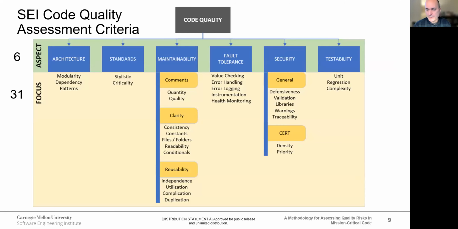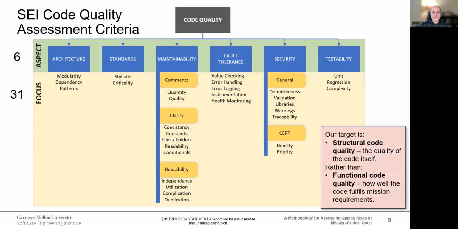Hi, I'm Jay Marchetti. I'm with the Software Engineering Institute. So leveraging the structural perspective that Mike talked about from ISO and the other code quality standards, SEI uses a taxonomy of 6 aspects of code quality, shown here in blue, each comprised of numerous focus areas shown beneath them.